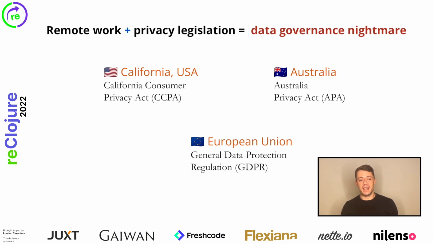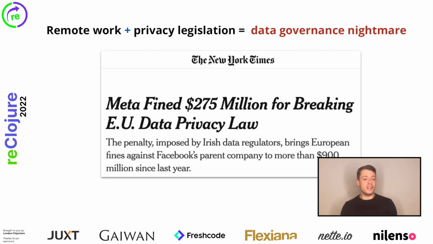The data you need to access to do your job is governed by an alphabet soup of privacy laws, the CCPA, the APA, and the GDPR, at least. And the consequences for running afoul of any one of these laws can be quite expensive. Businesses are increasingly going to be looking for ways to mitigate this risk.